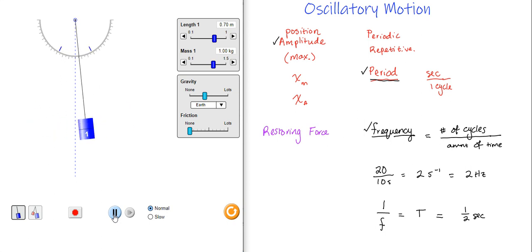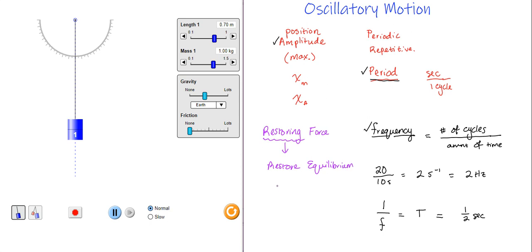So here the restoring force is most likely gravity, because whenever it reaches some position that's not equilibrium, the restoring force tries to take it back to equilibrium. So it's referred to as a restoring force because it tries to restore equilibrium.